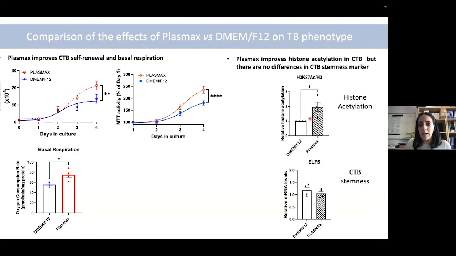So histone acetylation is increased, and it is being measured through the acetylation levels of this protein, and trophoblast stemness doesn't change. So now that we know that Plasmax improves proliferation and acetylation, I wanted to see what happens in differentiated cells.